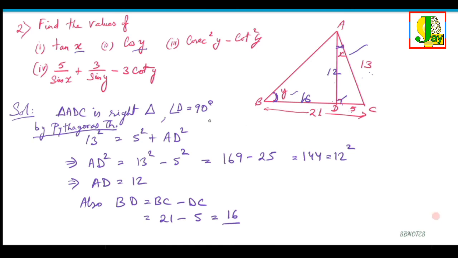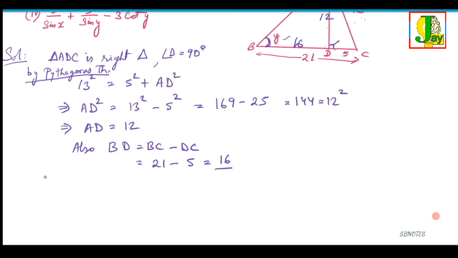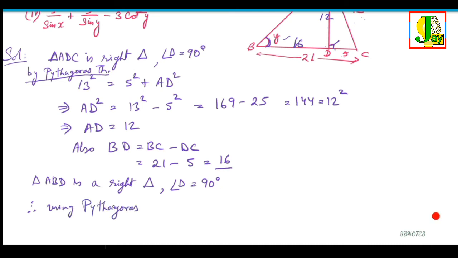Now what is left? AB is left. The other triangle ABD is also a right triangle, and again angle D equals 90 degrees. Therefore you can write it using the Pythagoras theorem. Now AB is the hypotenuse.